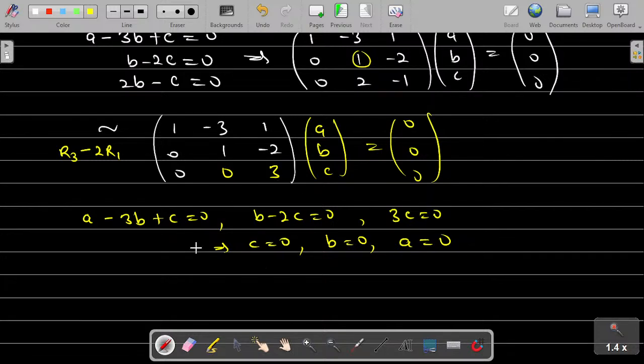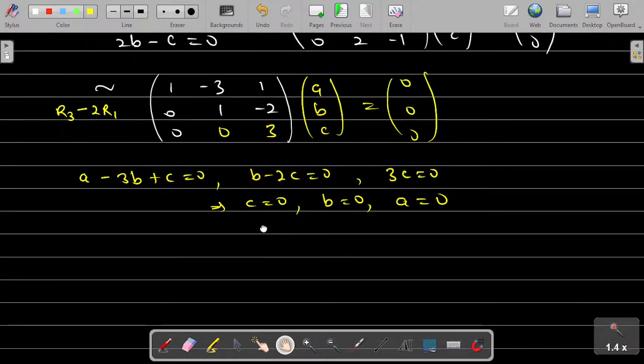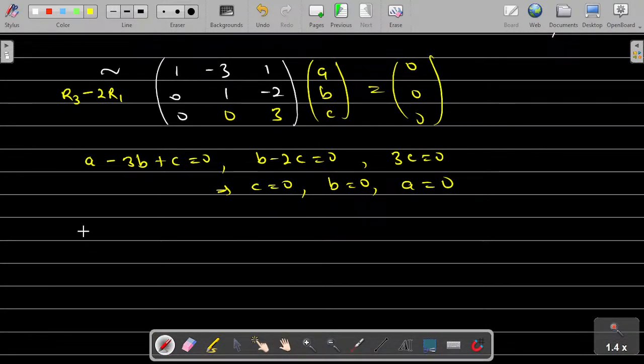So I still do not believe that. Okay, so if you permit me, I'm still going to make the conclusion that the basis is equal to 1 minus 3 1, and then you have 0 1 minus 2, and then 0 0 3.